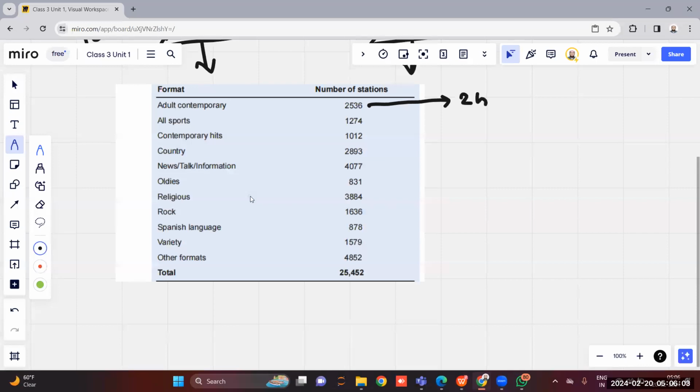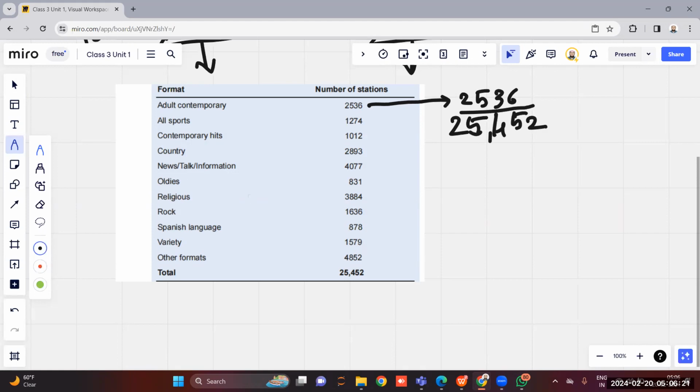I'll give you the general idea; I'll not do the whole thing. 2,536 divided by the total quantity, that's 25,452, correct?